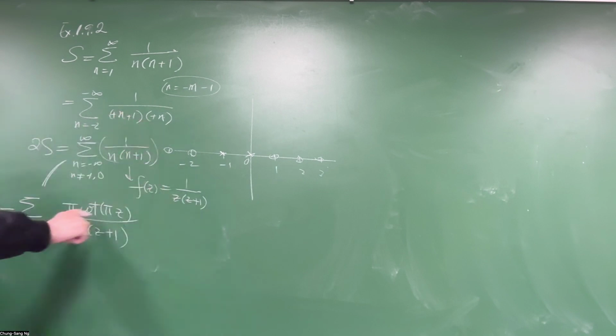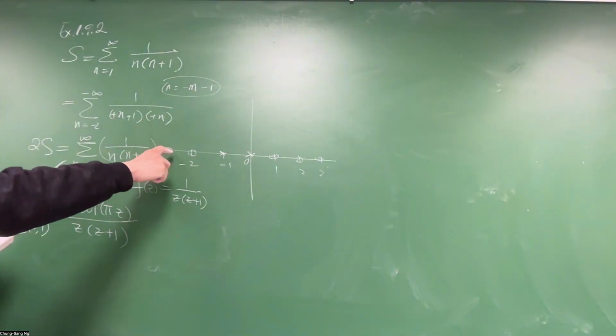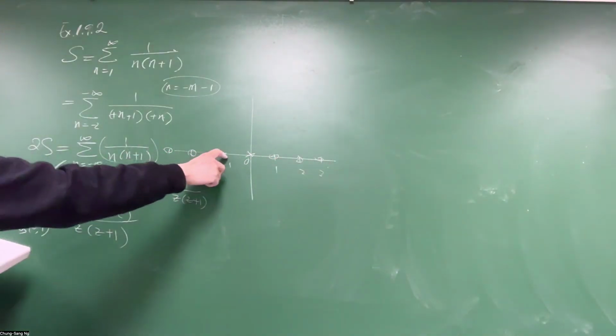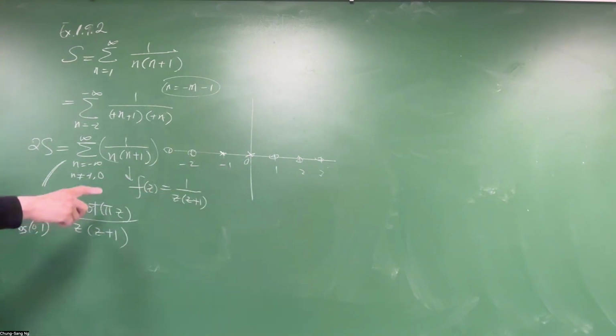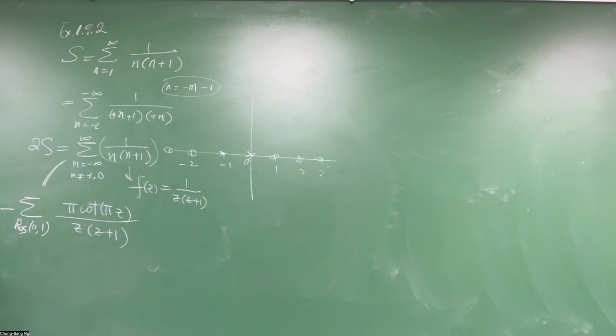Because when we evaluate the big circle, evaluating all residues, this includes all these other poles, and we leave these two poles separately, because these two poles are at the same location where f is singular. Okay, so we treat that separately. So that is how you treat the situation where the poles of f are at the same location as the poles of the function, in this case the cotangent.